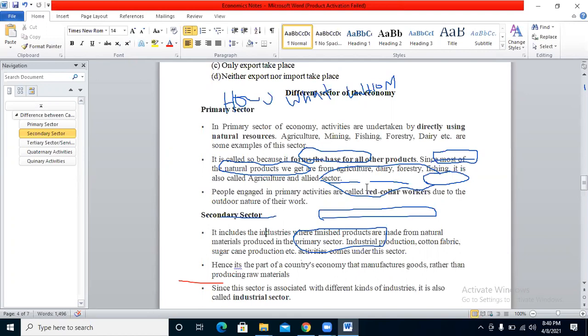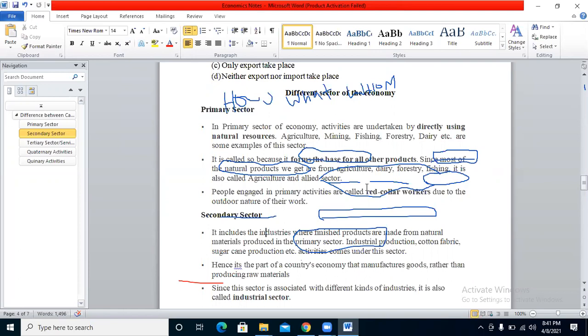But we also use technology there, and you told yesterday that whenever technology is involved, it will come under the secondary sector. No, even without technology, at the time of the Britishers, they were making dams, storing the water and using that storage to produce electricity.